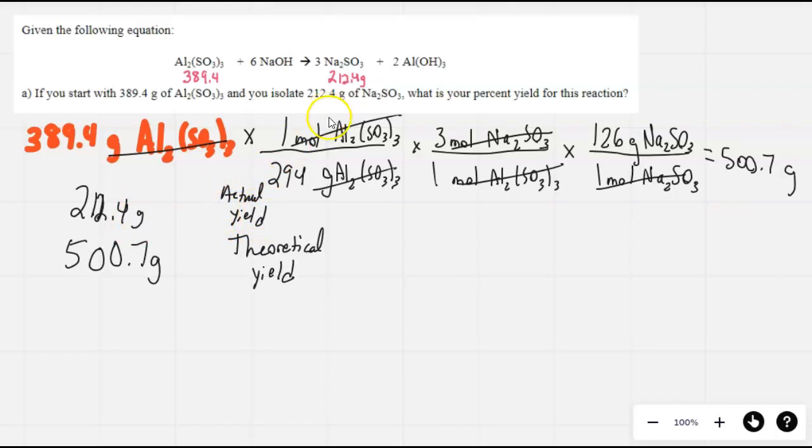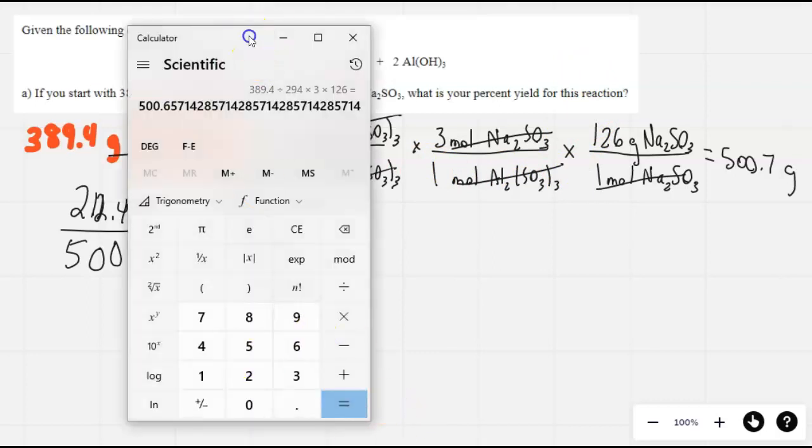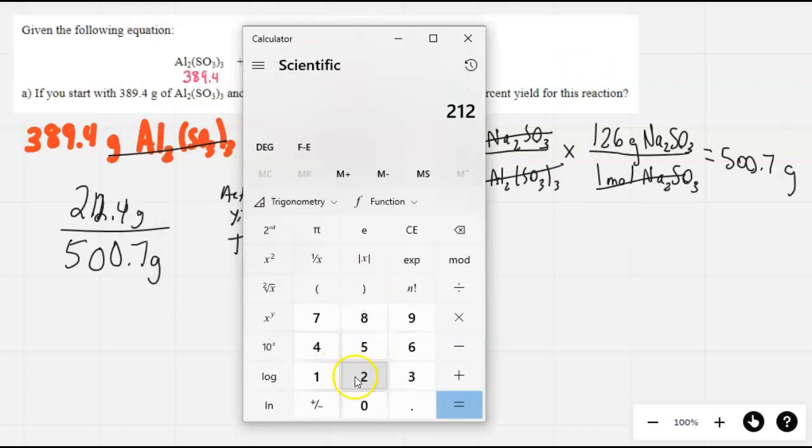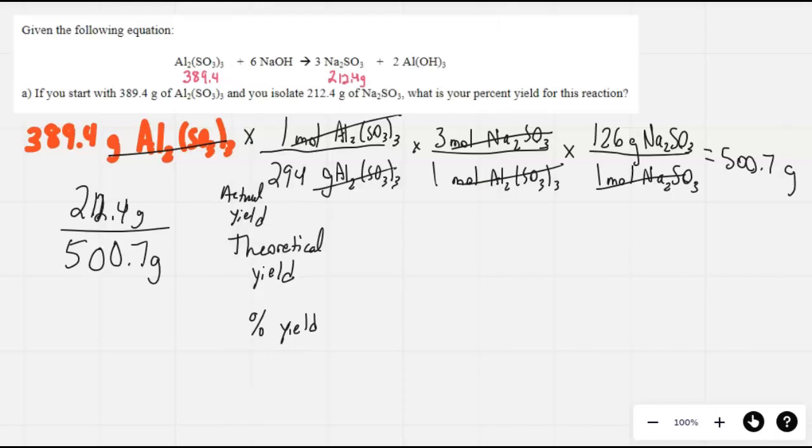So I wrote it above because my percent yield is the quotient when I divide 212.4 by 500.7. I get 0.424, or 42.4%. And that's my percent yield.